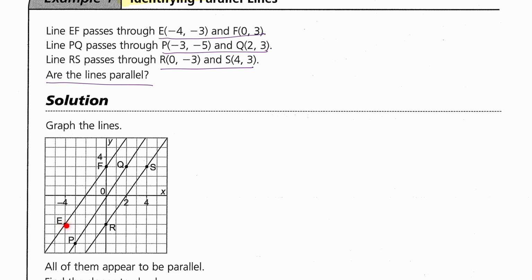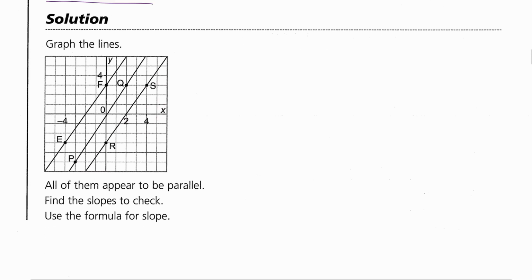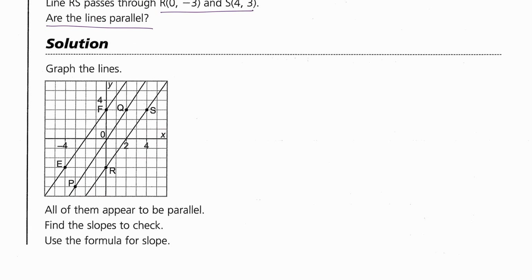E is (-4, -3) and (0, 3). P is (-3, -5) and (2, 3). R is (0, -3) and S is (4, 3). And join the lines. You can see that all of them appear to be parallel, but still we are not 100% sure whether they are parallel or not.